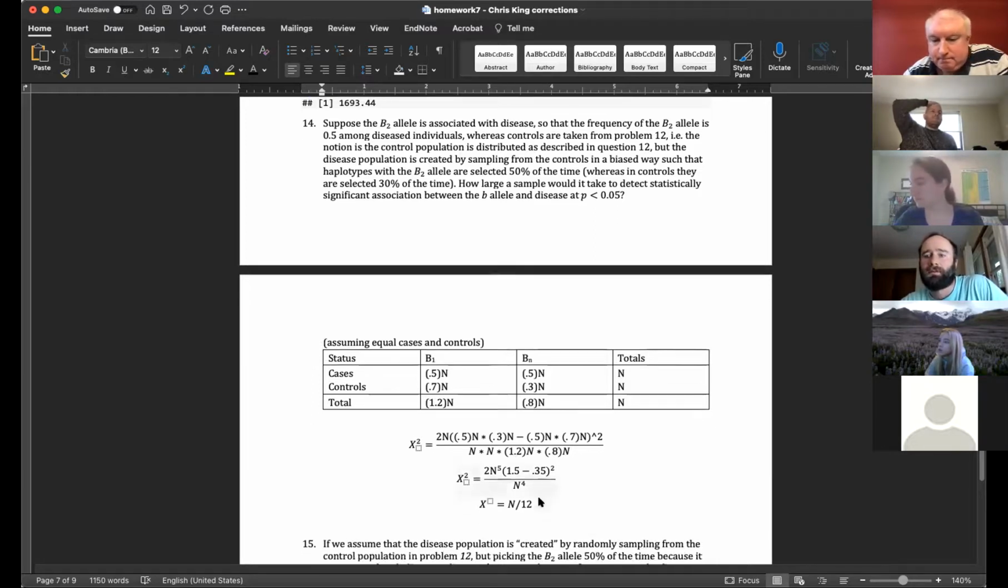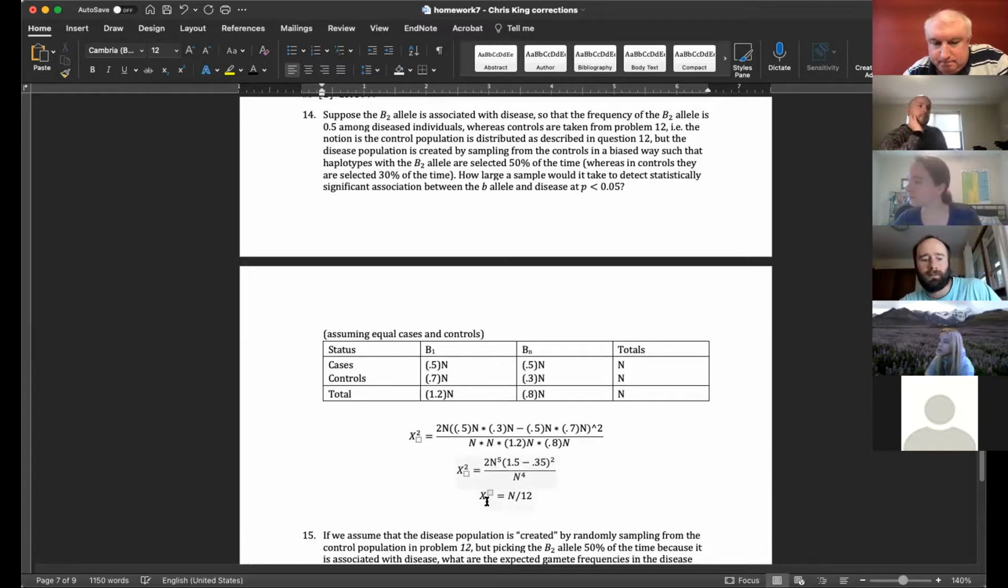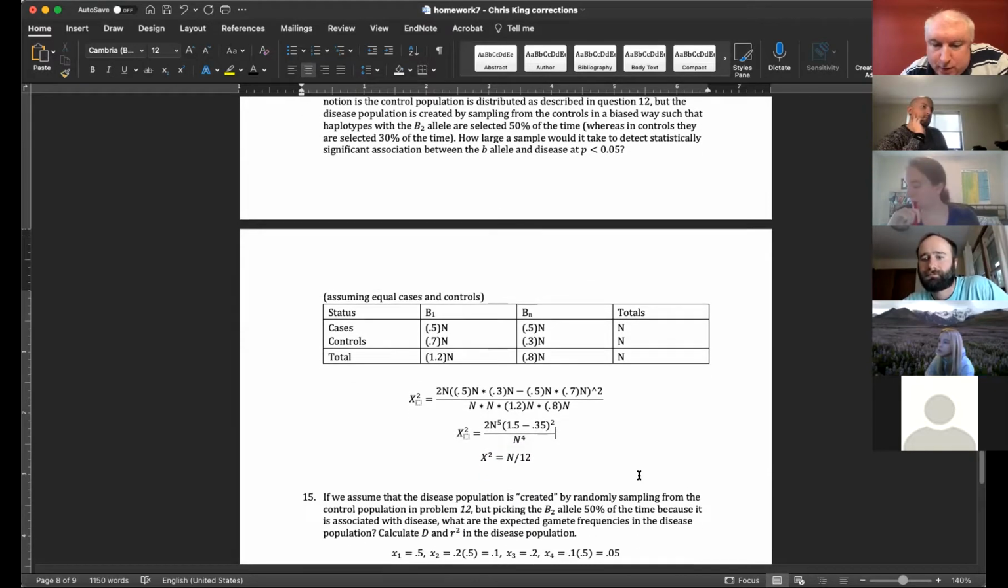That simplifies out to, I've got to take that, chi-square equals n over 12. That 1.5 is probably supposed to be a 0.15, would be my guess. Ah, yes. But otherwise that looks awfully strong to me.